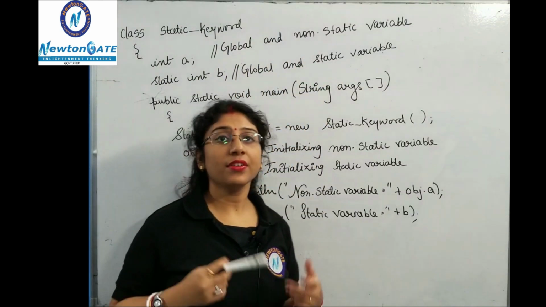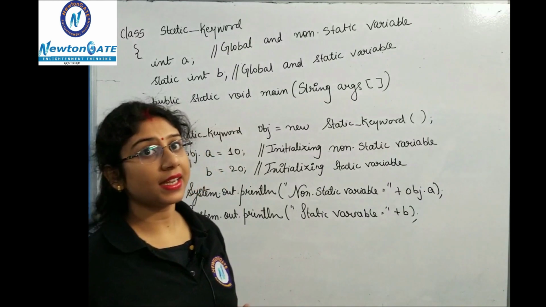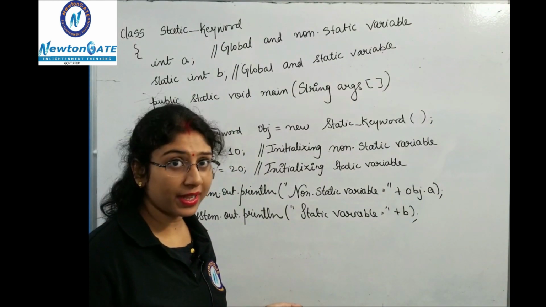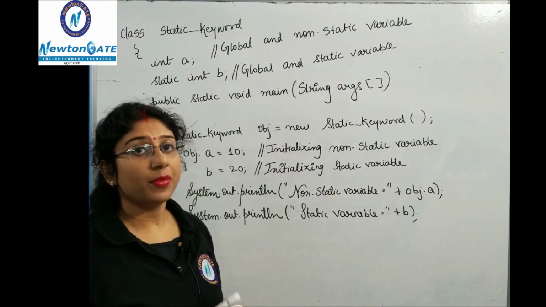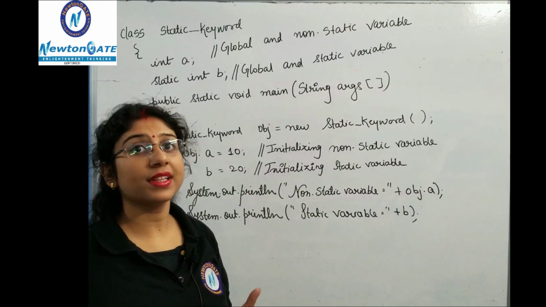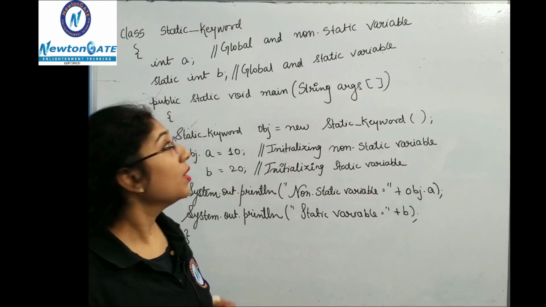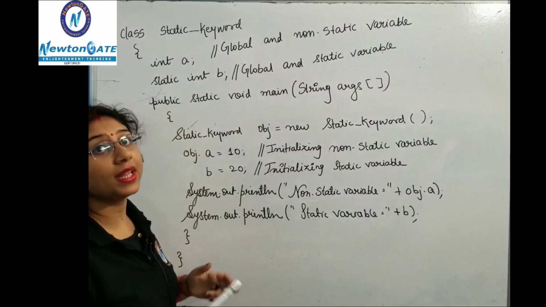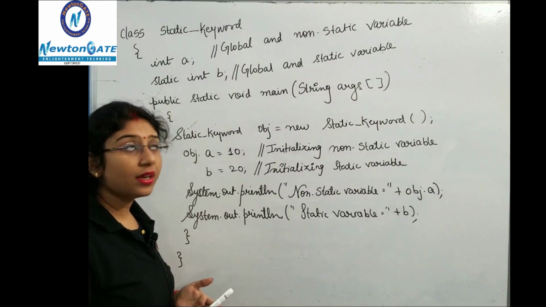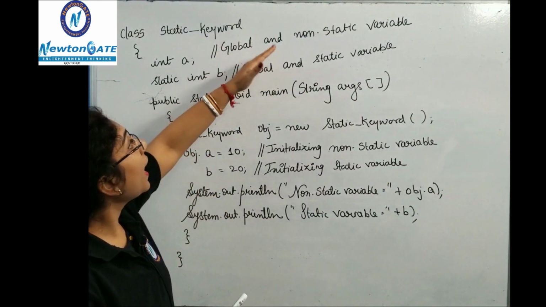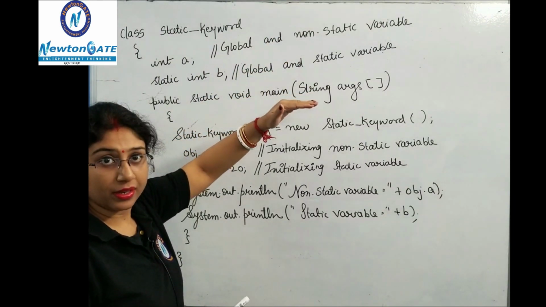Why? Because if I have not specified the static keyword, then the variable will be treated as a normal variable. For declaring any variable as a static variable, I need to mention the static keyword before the name of the variable. So the first one is your global and non-static variable.